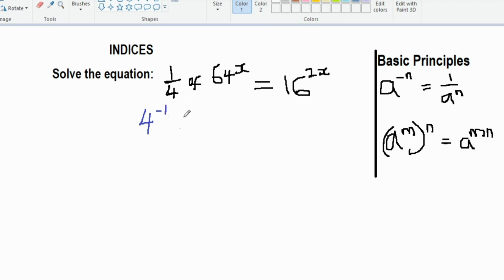And the "of" is a multiplication sign, that is times 64 raised to power x. We can break it down to become 4 raised to power 3, and then x can be added based on this principle.